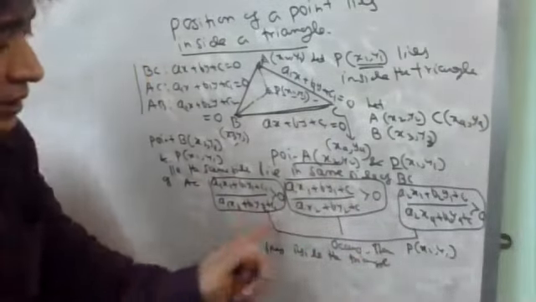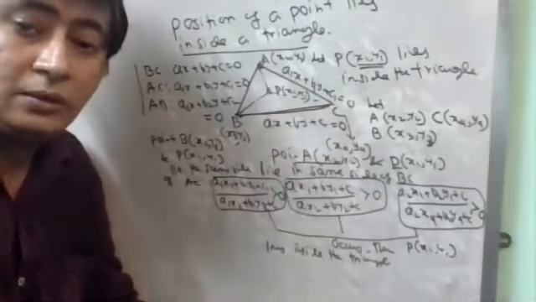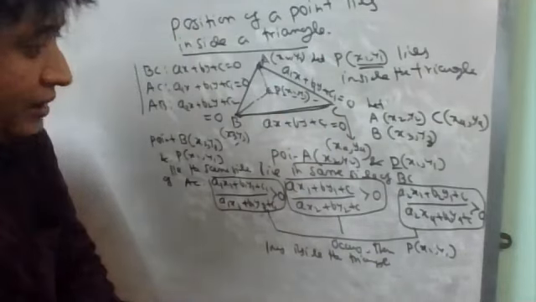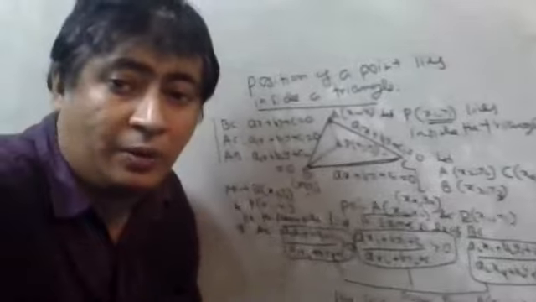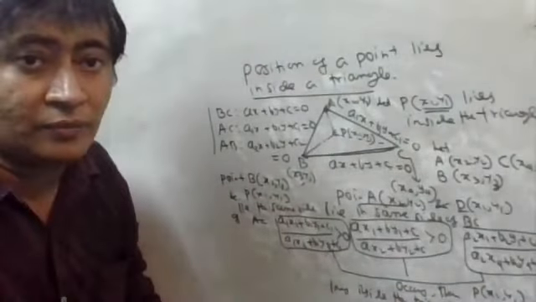Okay, this is the condition that the point lies inside the triangle. Hope you understood. So this is an important, interesting part. One example I am showing. Just see.